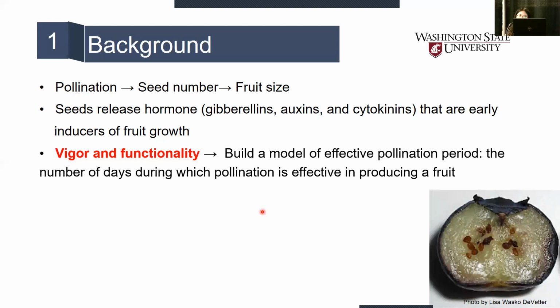Knowing about blueberry pollen vigor and functionality can help us to build a model of effective pollination period. This is the number of days during which pollination is effective in producing fruit. Knowing this, we can know what's the best time to introduce the honeybee hives into the field and take them out of the field, or take other strategies to improve the pollination.